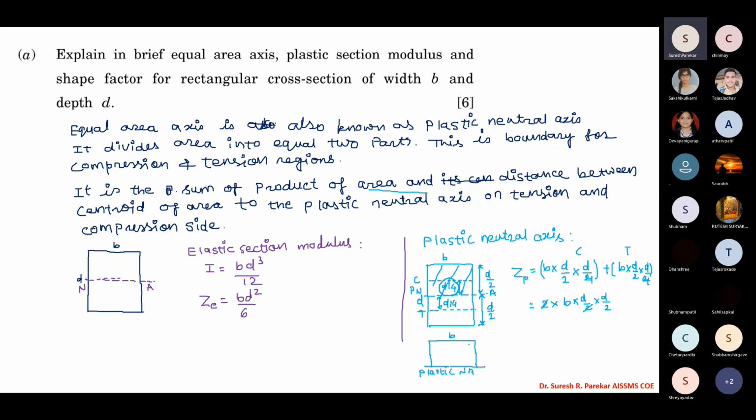This is B. This is D by 2. And its center will be D by 4. So B into D by 2. This is area B into D by 2. And its centroidal distance is D by 4. So we have this will be BD square by 4.